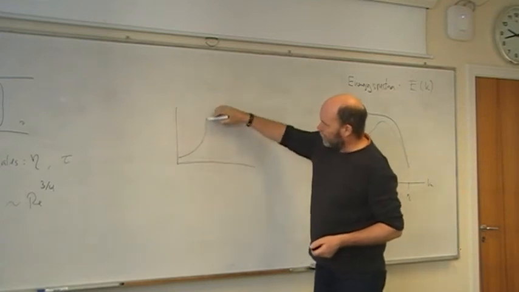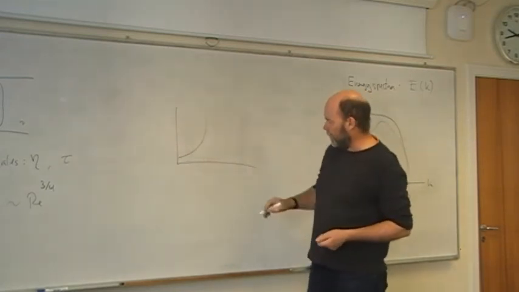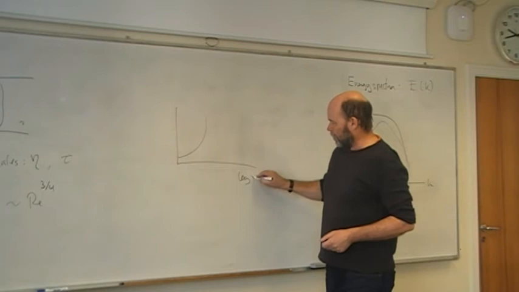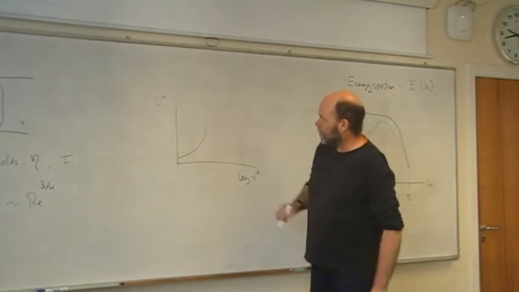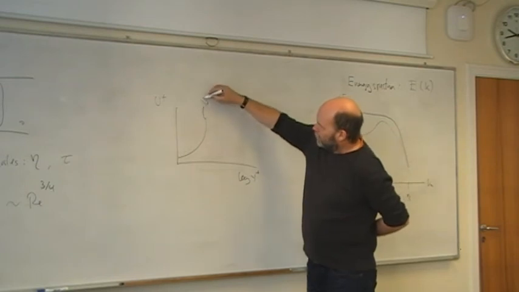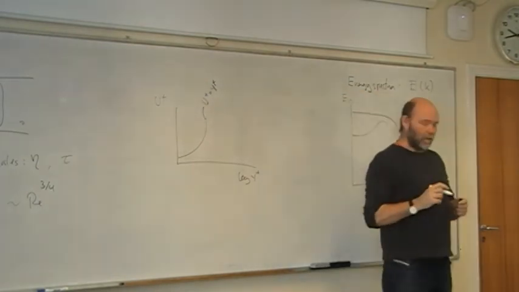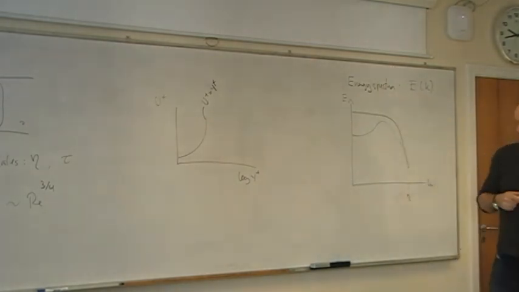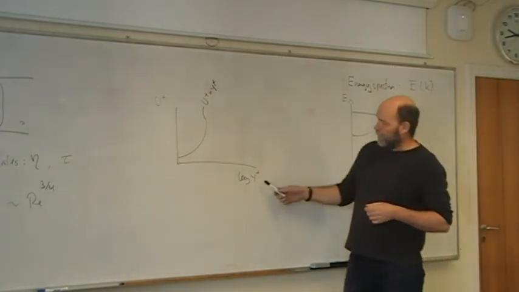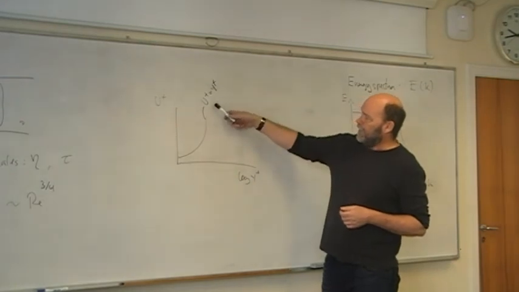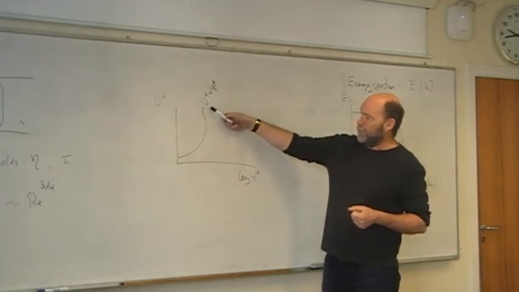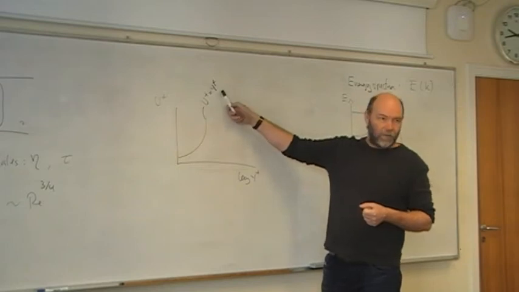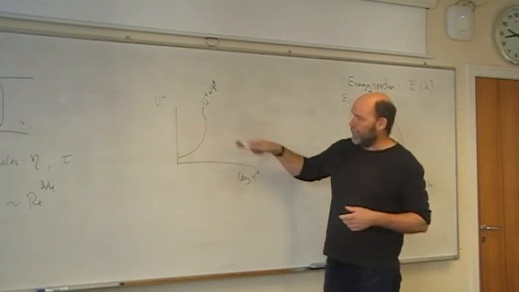You will have a laminar velocity profile. Here you have log y plus, and here you have the u plus. So this one is u plus equals y plus, and when you insert the definitions here for the plus, the turbulent length, turbulent velocity, this will be the same as to say u goes as y squared. This is the laminar velocity profile.